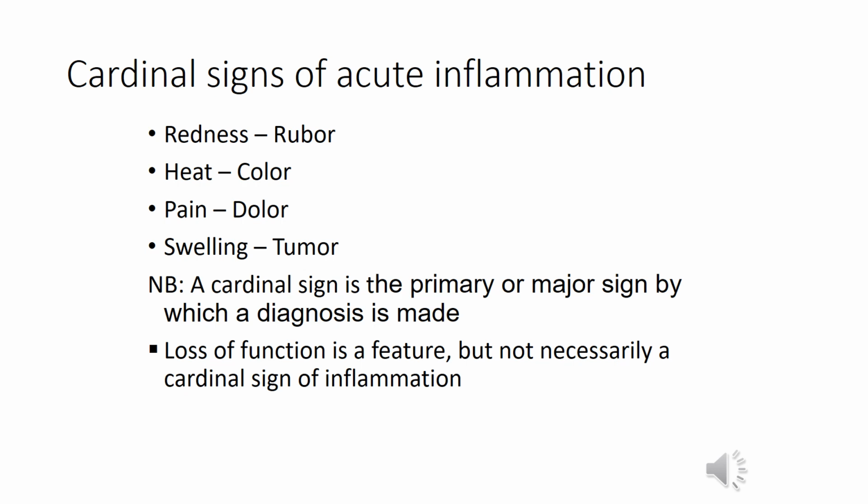What are they? One is redness, also known as rubor; heat, also known as calor; pain, also known as dolor; and swelling, also known as tumor. These are the 4 main cardinal signs of inflammation.